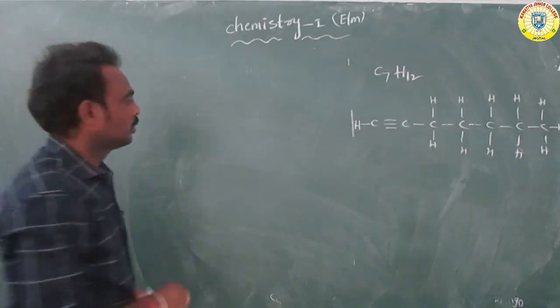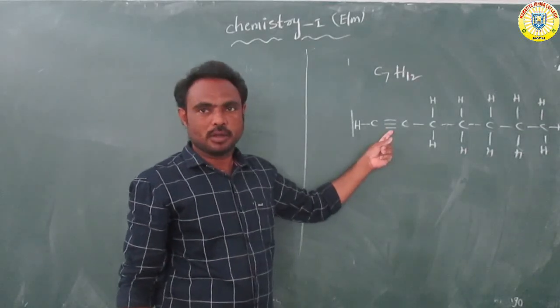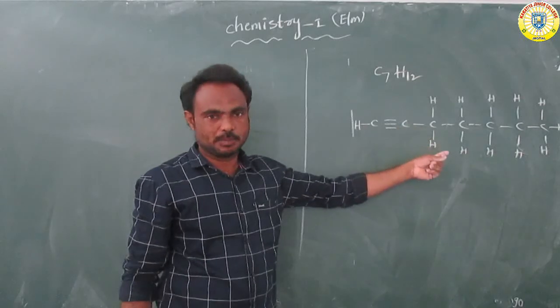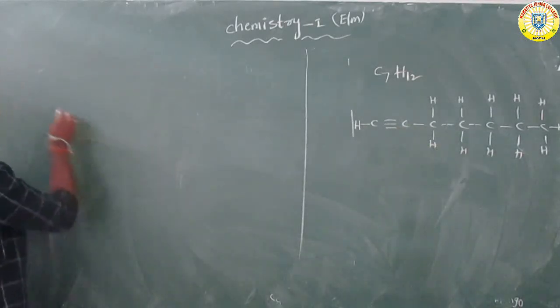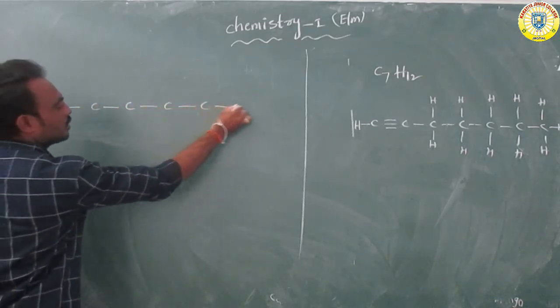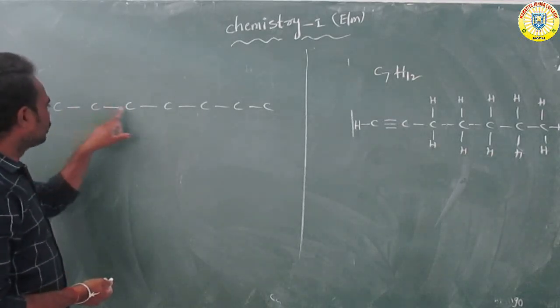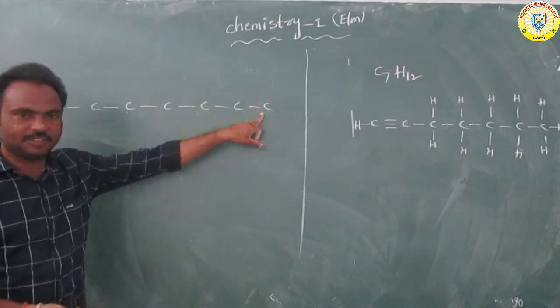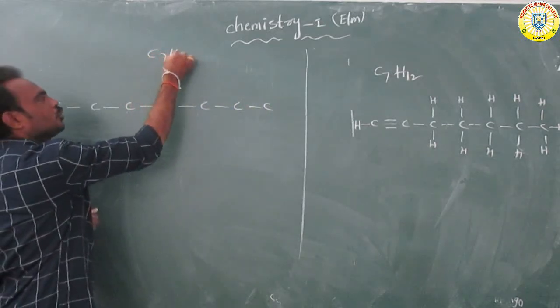Suppose we change the triple bond from one place to another place. First we write the carbons: carbon, bond, carbon, bond, carbon, bond, carbon, bond, carbon. How many carbons? 1, 2, 3, 4, 5, 6, 7. 7 carbons, C7H12.